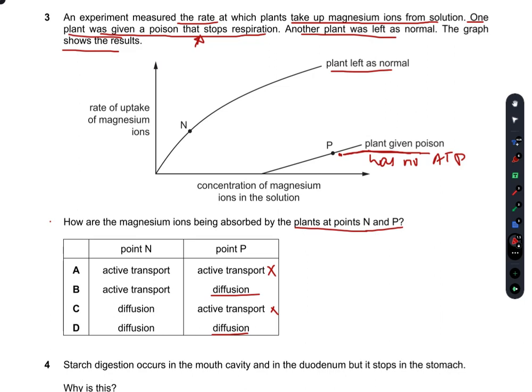Whereas at point N, the plant was left as normal, and the rate of magnesium ion uptake was increasing.